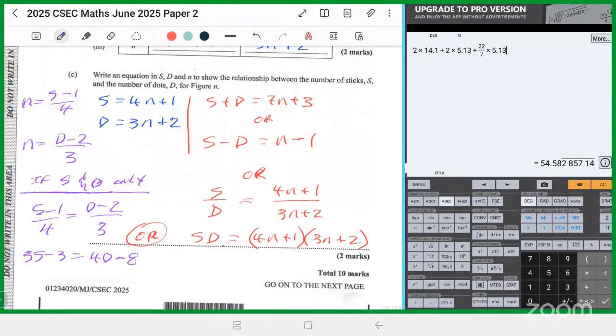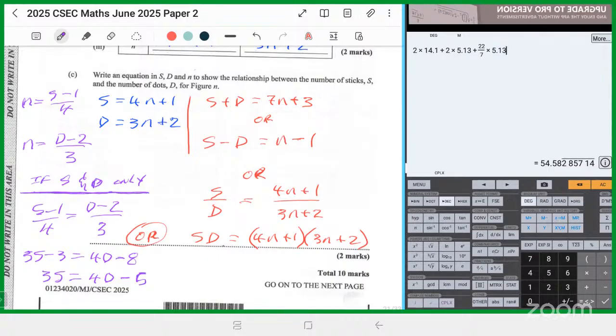And then this will come over and become a plus 3, so we'll get 3S equals 4D minus 5. So that's if they want the relationship with S and D only.